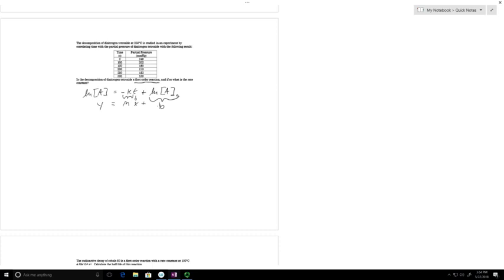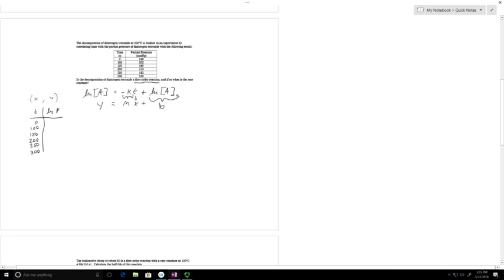So in this case, we would create a table where we would just do time in seconds. So we just copy the information that we already have: 0, 100, 150, 200, 250, 300. And then we would want the natural log of the pressure that's given, because this is supposed to be our x term, and this is supposed to be our y term.